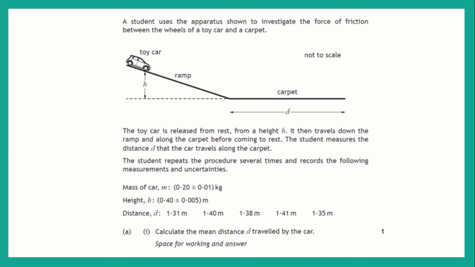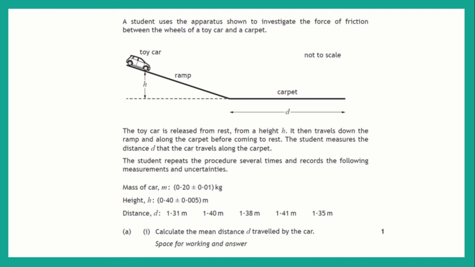We've got a toy car being released down a ramp. The student is going to use the toy car to investigate the force of friction between its wheels and a carpet. It says that the student repeats the procedure several times and records the following measurements and uncertainties. I know they've measured the mass of the car, the height of the ramp, and there are uncertainties there too, but we're not concerned about them.